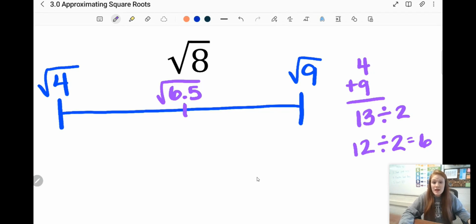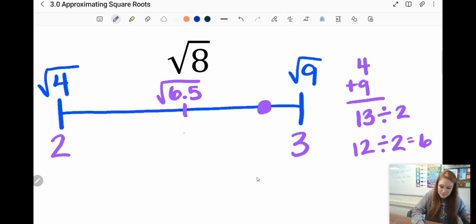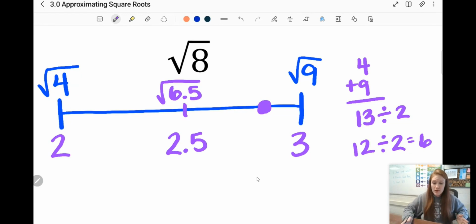Okay, this helps me place where 8 is. Okay, so here I'm going to have 7 and 8 in between here. All right, so I might say 8 is probably right there. Okay, remember this is 2, this is 3, and this is 2.5. So we know we can't be bigger than 3.